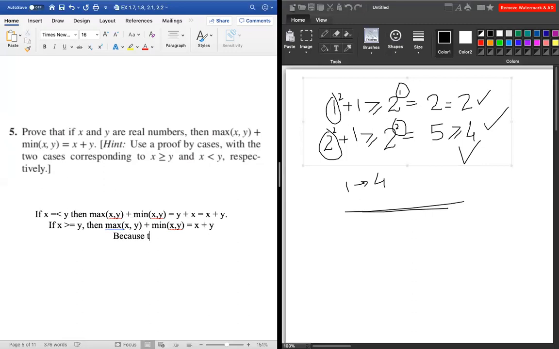Because these are the only two cases possible. So we know that the equality always holds. Okay.